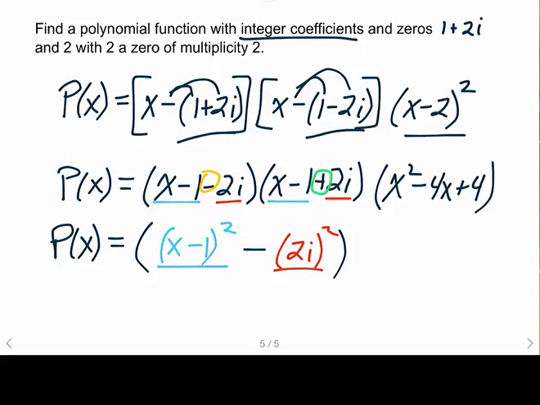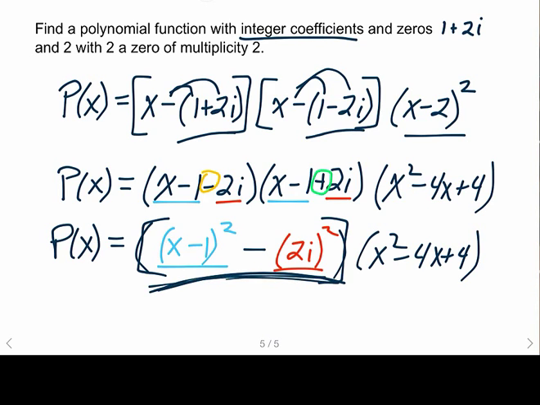I suppose technically that would merit brackets around those. And let's not forget the x squared minus 4x plus 4 that we had. I'm not going to intermingle these until I've dealt with the first pair of factors.